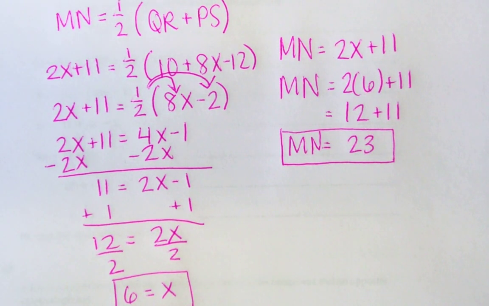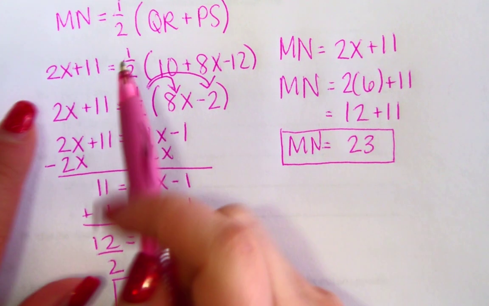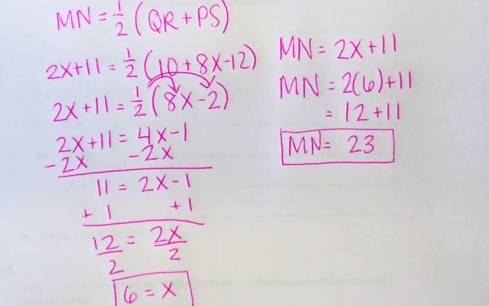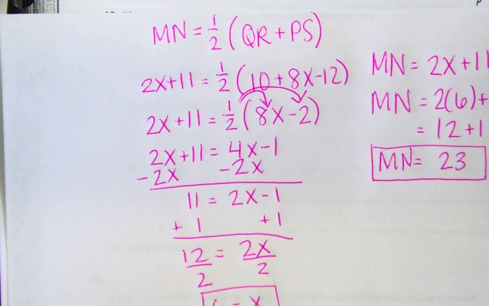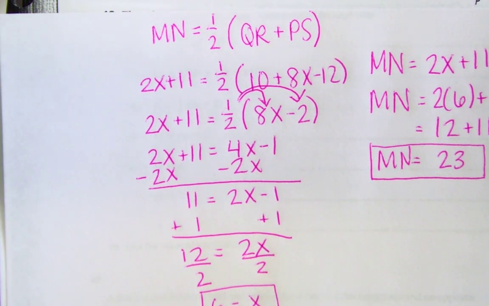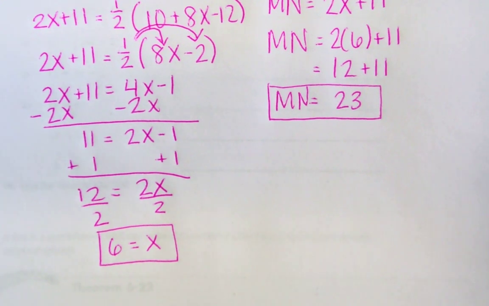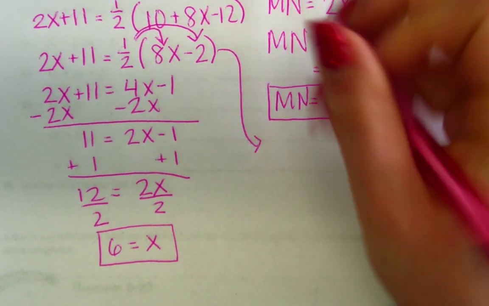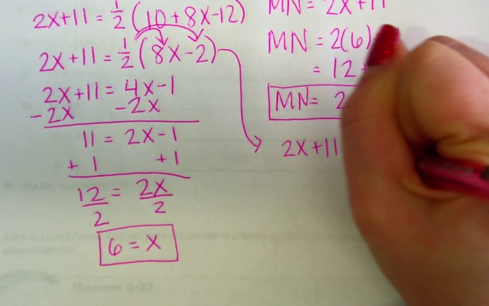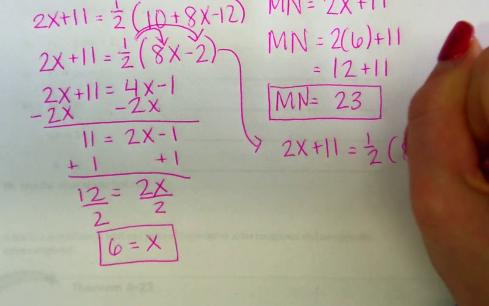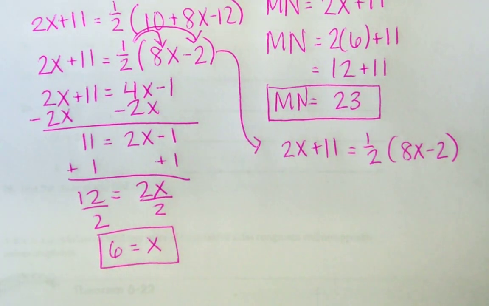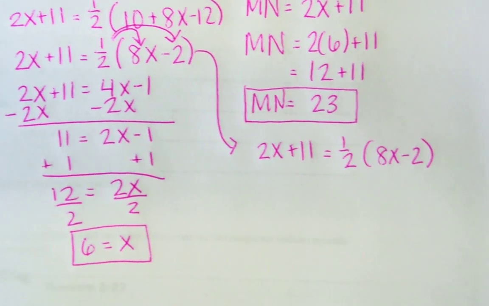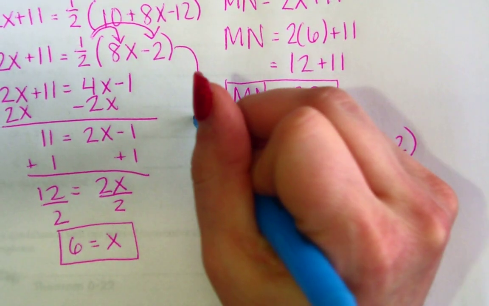Now, since I have a little bit of time, it doesn't look like my video is going to shut off too quickly. I want to go back to this step and explain what I meant by you could also do this a different way. If I decided that I don't want to deal with trying to multiply the fraction through, what I could do instead is, at that step, go back and multiply everything by 2 on both sides.